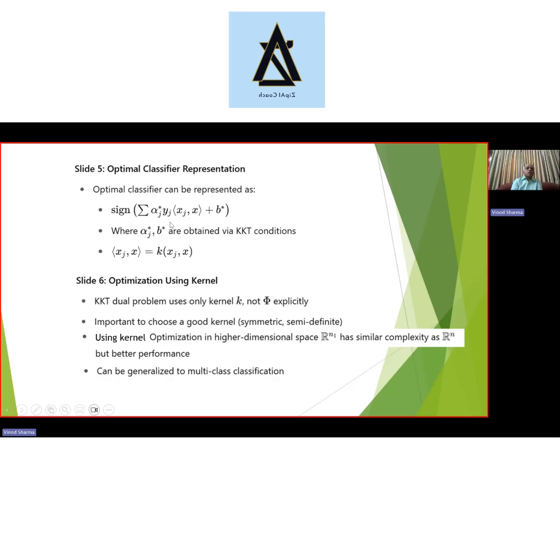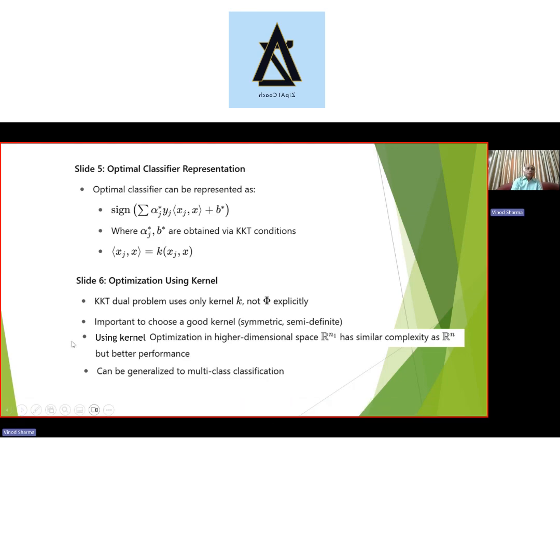Here, of course, this inner product is given by the kernel chosen there. So the kernel methods can provide a computationally competitive algorithm, and performance as competitive as the random forest and so on.